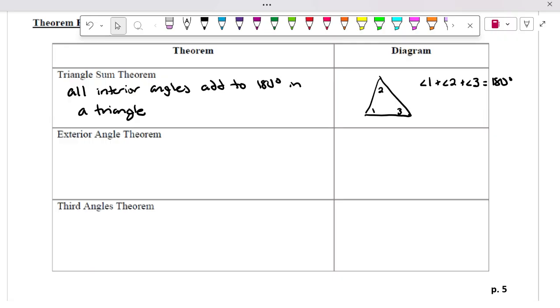All right. Now, the exterior angle theorem is probably the new one to you.